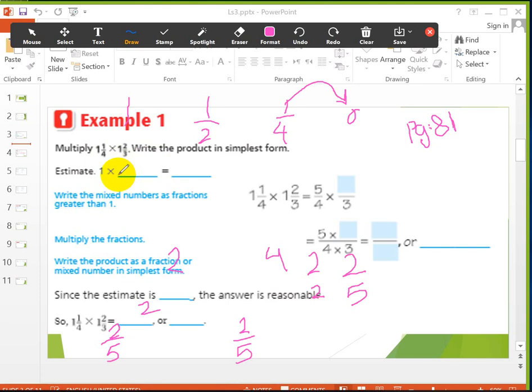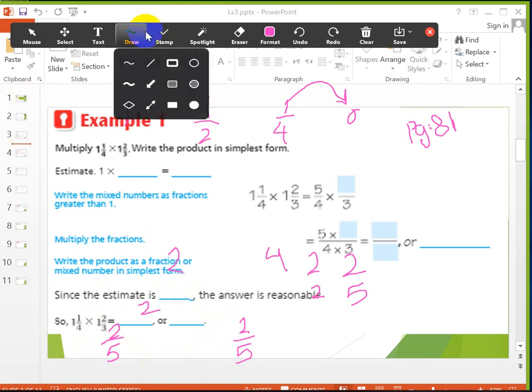Question 1 is not, which question 1? We did only the first example on page 181. Okay. Now we will do example 1, not question 1. The answer was 2 over 5. You didn't write it, Al-Jawhara?